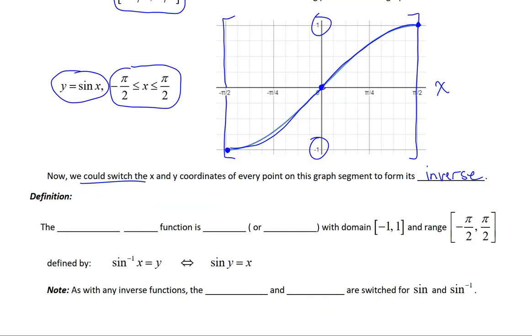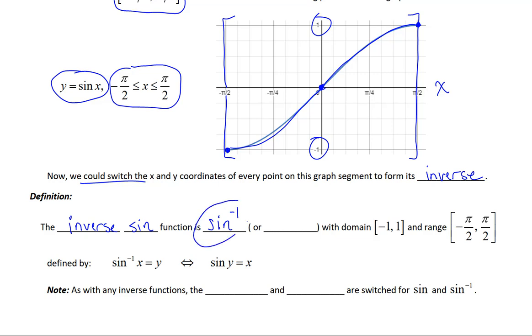Now let's get a more formal definition for this sine inverse that we're going to be using here. So the inverse sine function is, now for notation, one way to write it is the sine name, S-I-N, as we pronounce sine, but then the sine inverse would have what looks like an exponent of negative 1, but it's not an exponent, it's just notation for inverse.